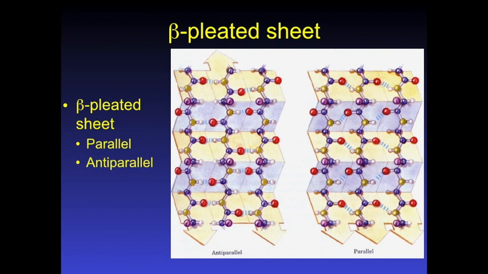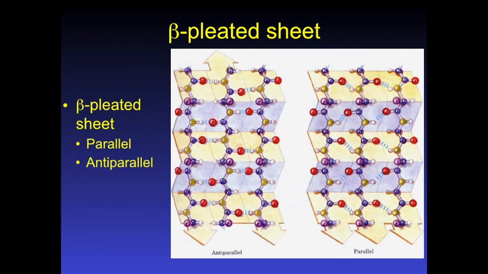Which of the two is stronger in terms of how it is held together? Anti-parallel. The R groups are either up or down, but the anti-parallel has a little bit more stability than the parallel.